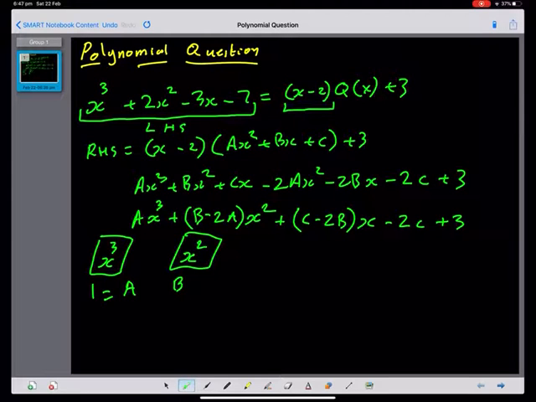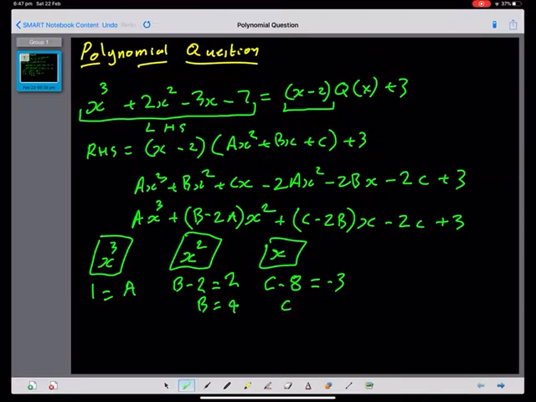We know a is 1, so we've got b minus 2, and the coefficient on the left hand side is 2, so b is equal to 4. Let's have a look at the coefficients of x. The coefficient of x on the right hand side is c minus 2b. We know that b is 4, so c minus 8 is equal to negative 3, so that gives c equal to 5.